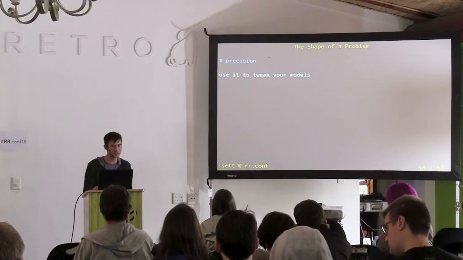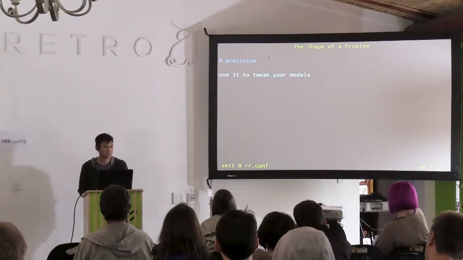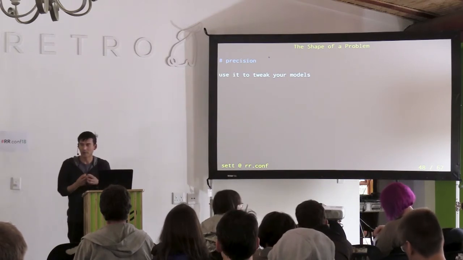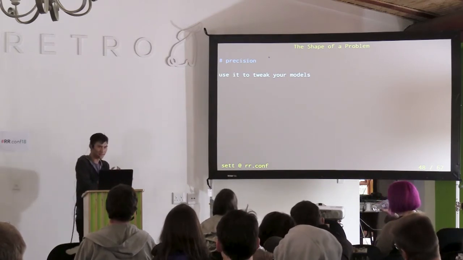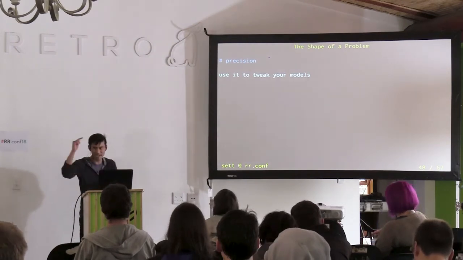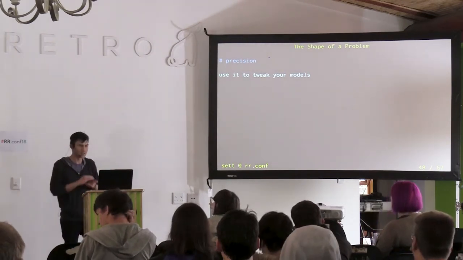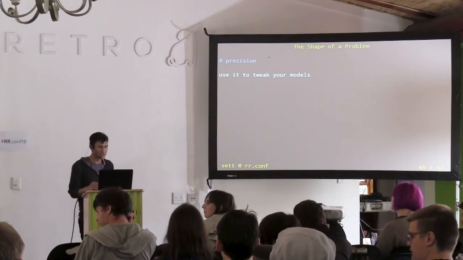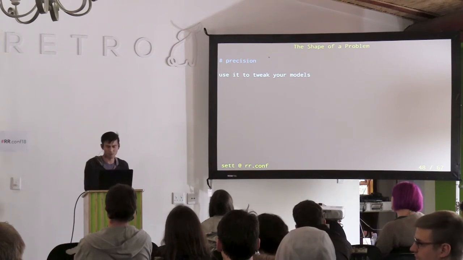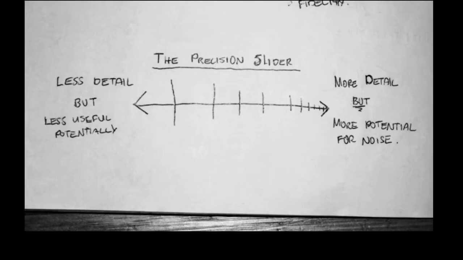So models themselves, there are other things you can do with them. You can use this idea of precision to tweak your models. Once you've established that, okay, I want to use this network model, because this problem really resonates with the network aspect, or this problem is really about intensity so I'm going to use levels, or it's about layers, you can use precision to tweak how that model looks or works for you. I like to think of it as a precision slider.